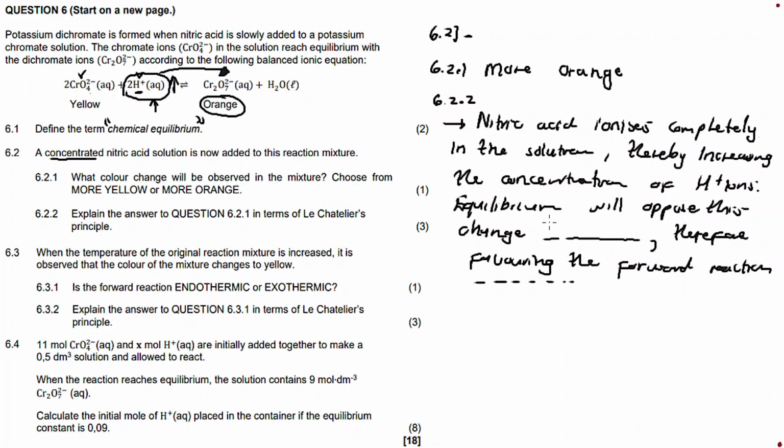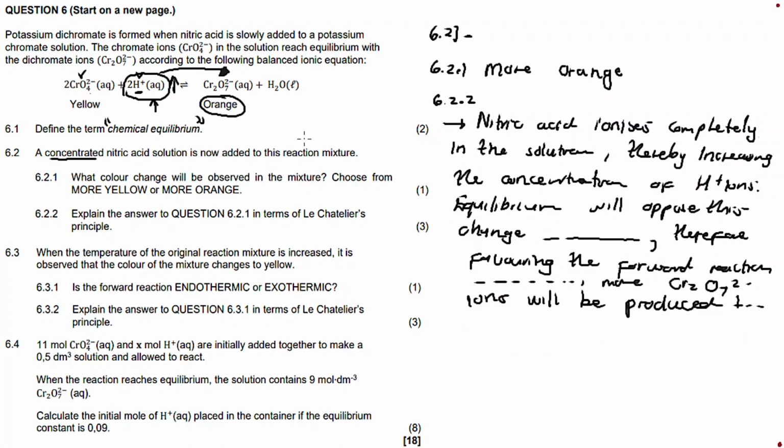Therefore the forward reaction is favored, and then more Cr2O7 2 minus ions will be produced, therefore making the solution more orange, something like that.